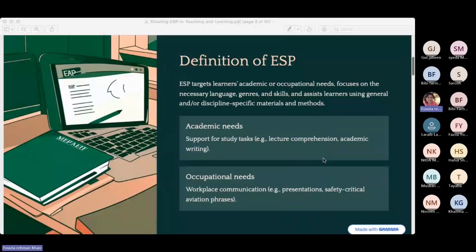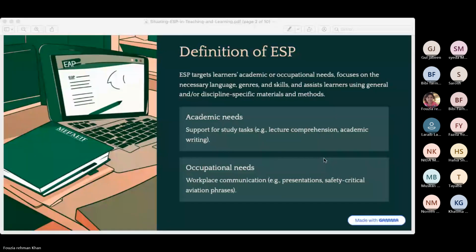So basically, ESP, English for Specific Purposes, is an approach to language teaching. I've told you, and it targets your needs, which can be academic or professional.